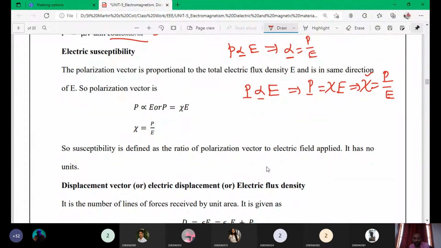What we have discussed: first one, dipole moment, small p or mu, is equal to q into d.